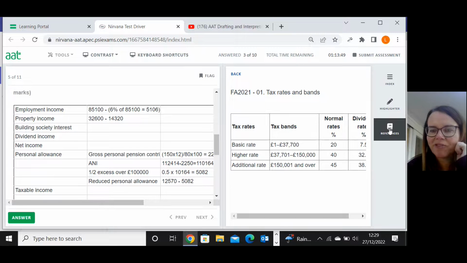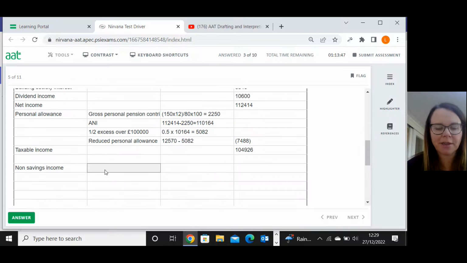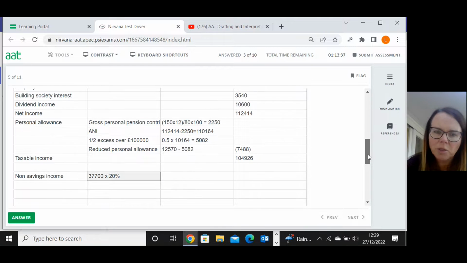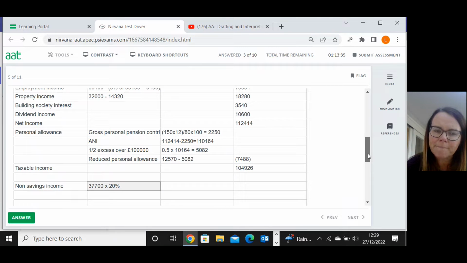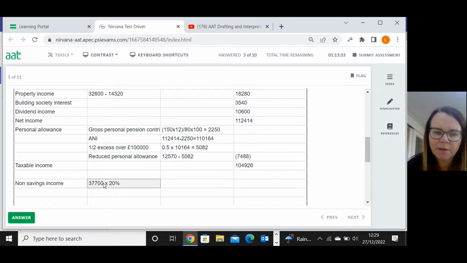But of course, I'm going to be raising that band, but I'm going to show the examiner the separate components. So the first 37,700 is going to be at 20%. Now, actually, before I do that, I'm just going to do yet another calculation to show my non-savings income figure.